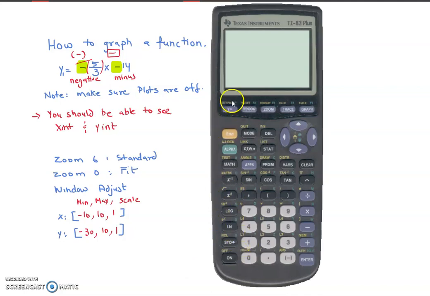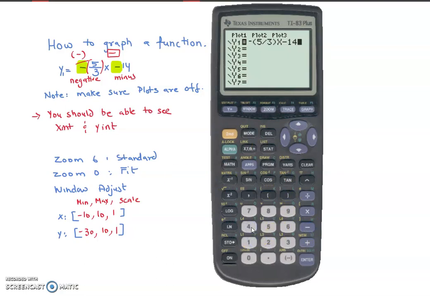We're going to start with y equal to, so this is where you enter, and I'm going to go negative, starting a bracket here, 5 divided by 3 to put the fraction in. X is right over here, next to the alpha button, so it says x, t, theta, n. So we're using x. And then minus 14.